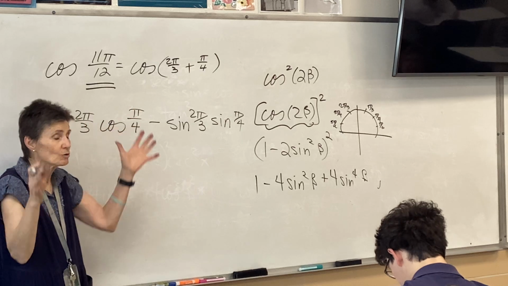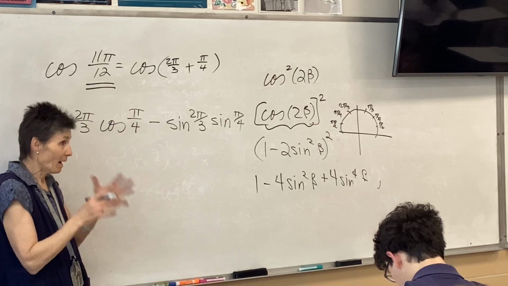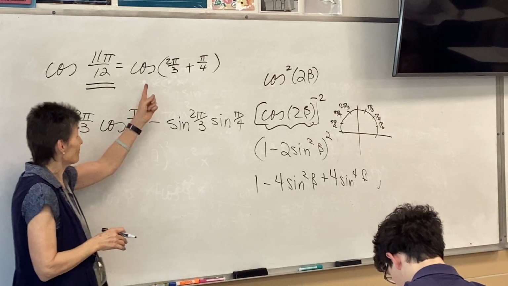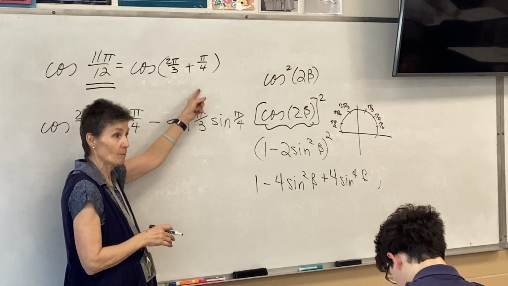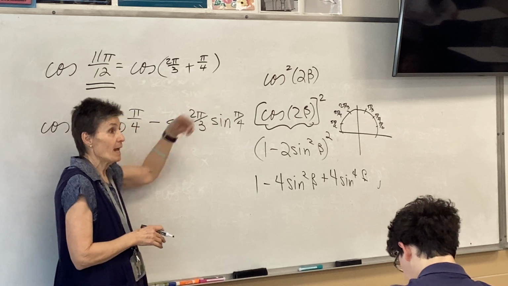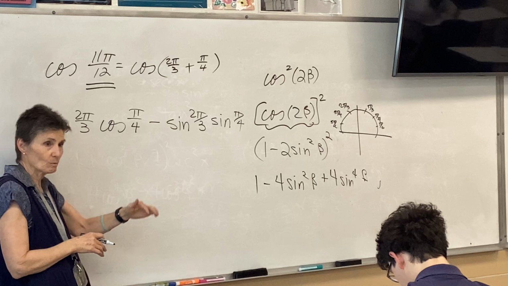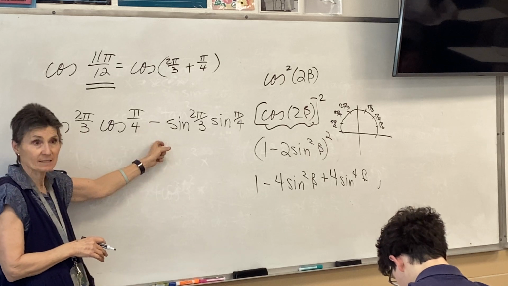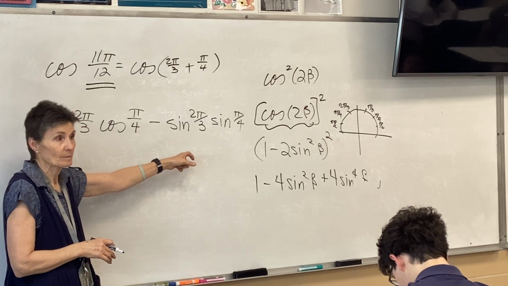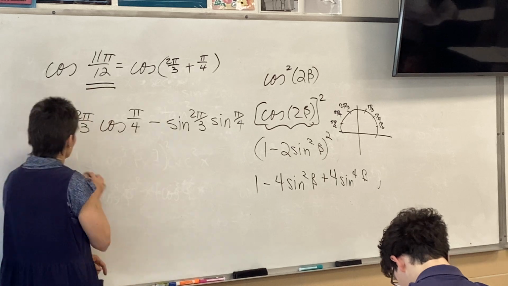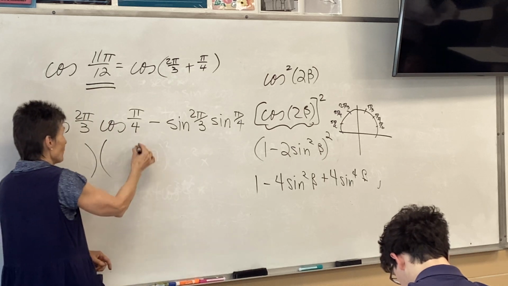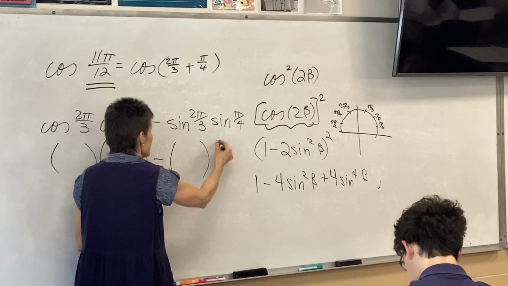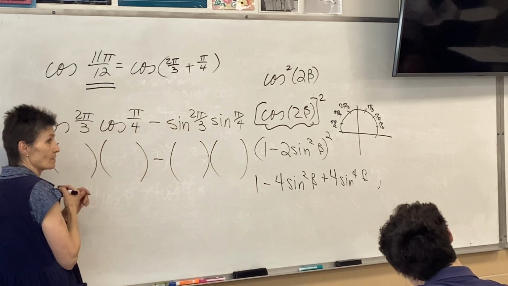No one expects you to be an expert, but on your sheet, you have a formula for the cosine of alpha plus beta. And it literally says, written in black and white, cosine cosine minus sine sine. So now guess what you get to do? Now you get to figure out what are these 4 values.